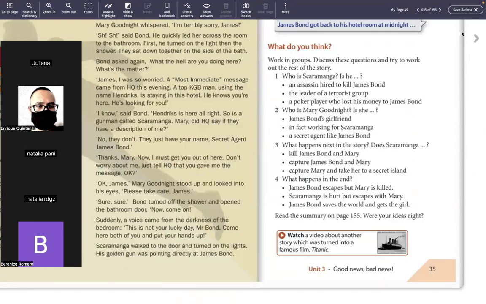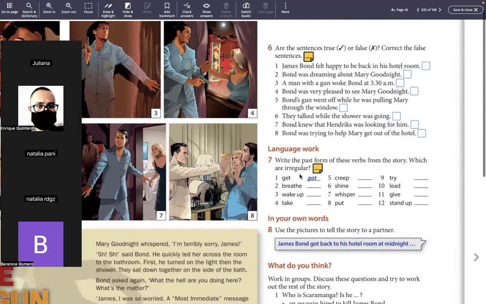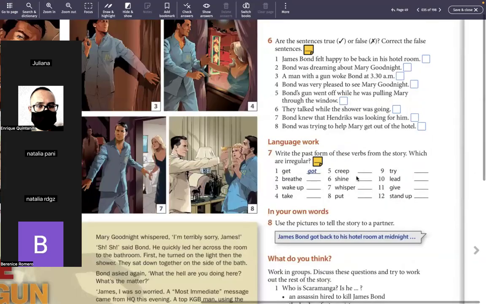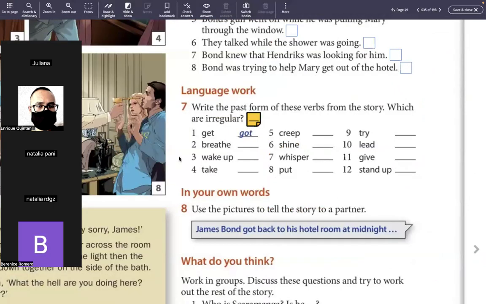Well, we finished, I think, because we already did the language work. We had homework, no? Did we have homework? Yes, teacher. What was the homework?